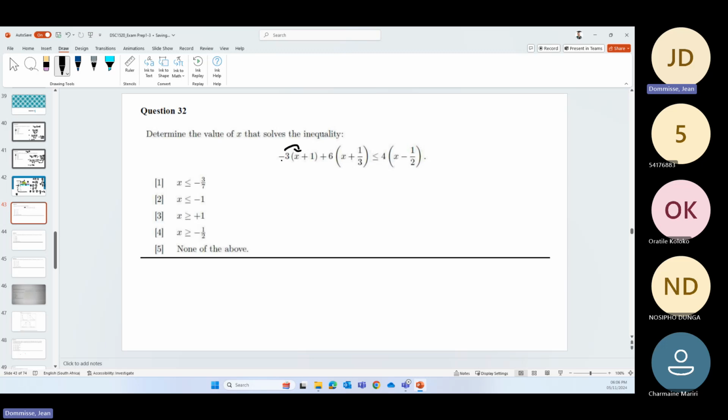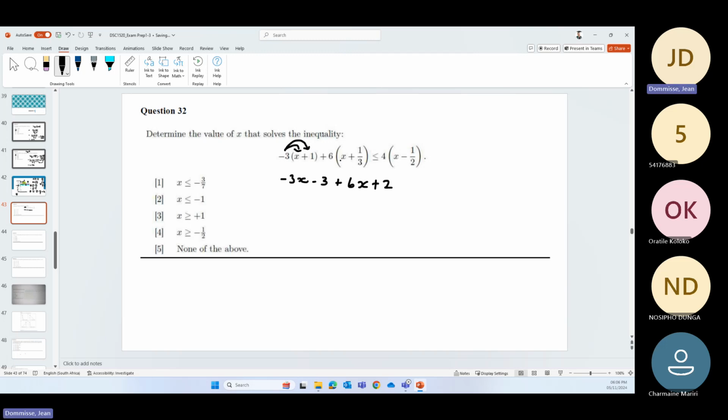So minus 3 times x is minus 3x. Minus 3 times 1 is minus 3. Plus 6 times x is plus 6x. Plus 3 times a third, so that is equal to plus 2.